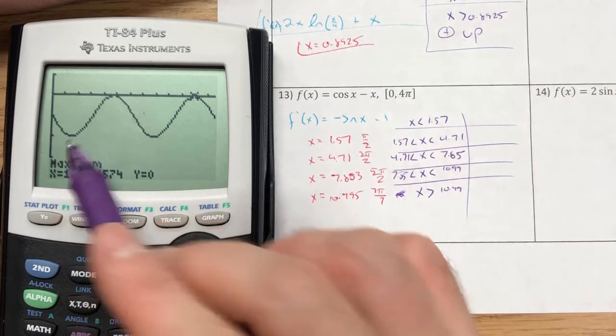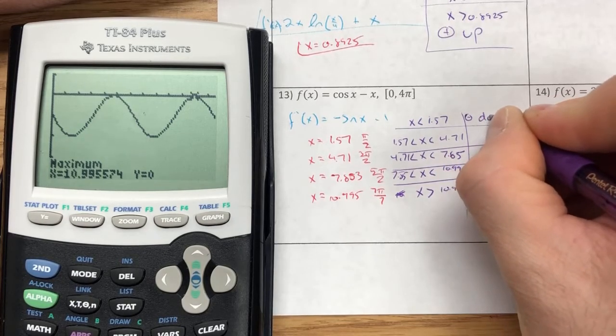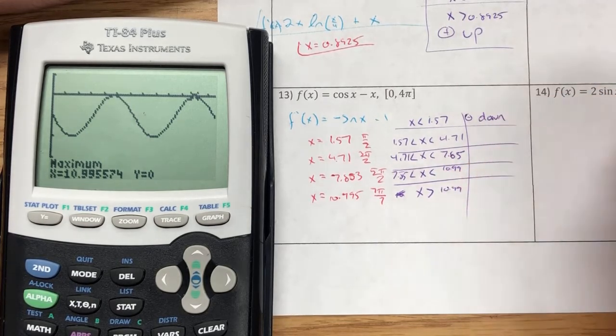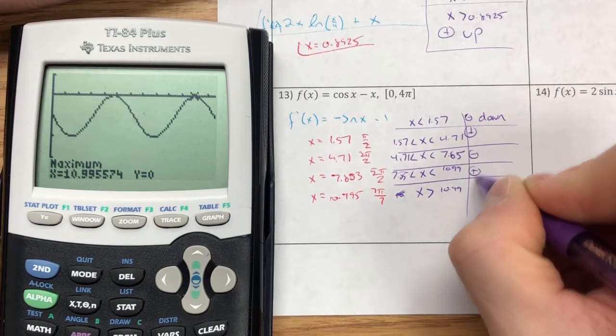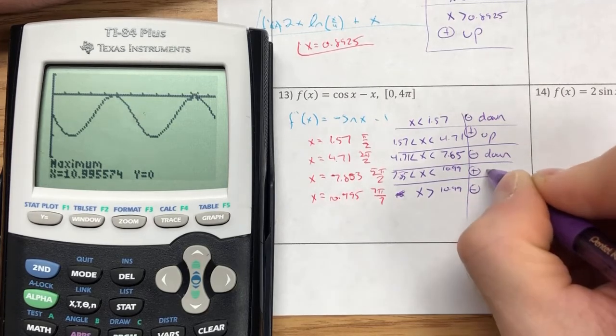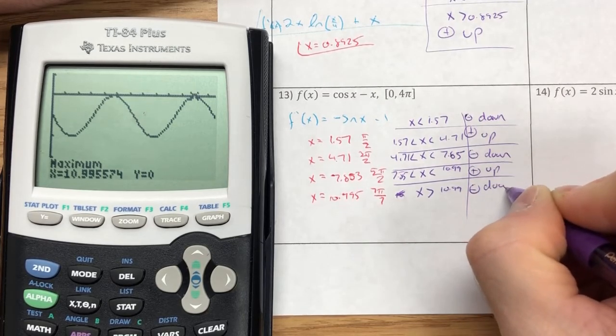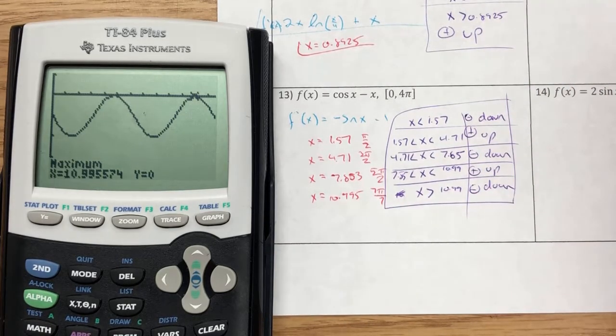I notice the slope on the left is down, which means I'm going to produce a negative number, which means it is concave down. And then I produce a positive, a negative, a positive, and a negative. Boom. And so there are our values.